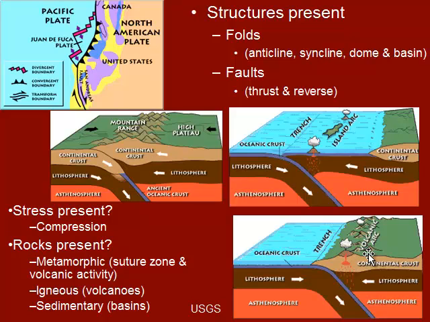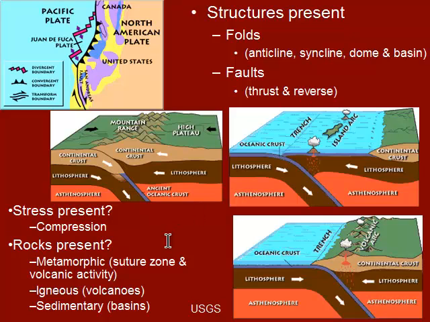So when we have compressional stress at this location, we result in folds like anticlines, synclines, domes, basins, and then any of the asymmetrical type of folds. And we get the faults present as well, but only thrust faults and reverse faults. So those are the specific types of structures we see at convergent plate boundaries.